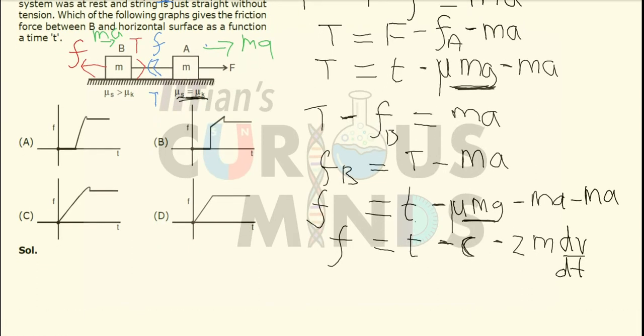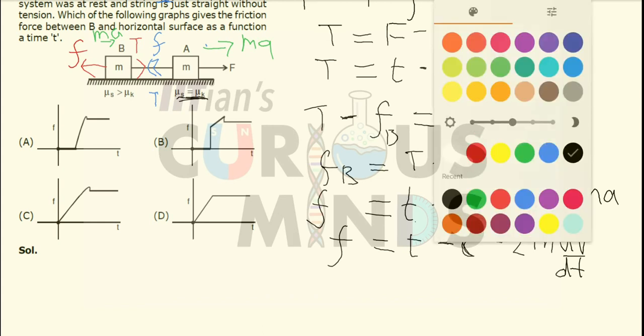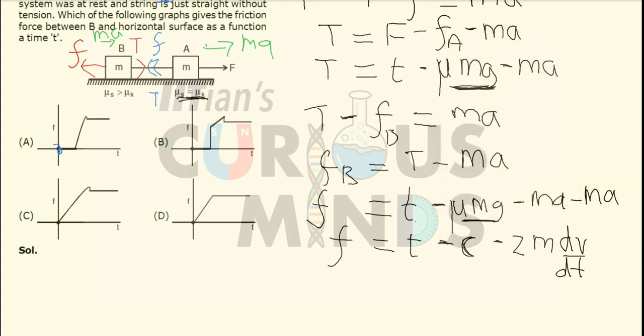Now understand that at time t equal to 0, the friction force will be 0, which is applicable for all the four conditions. Over here also the friction force is 0 initially, in all the four cases.